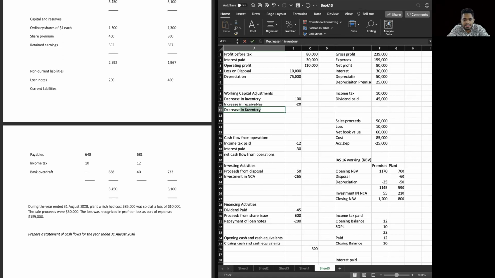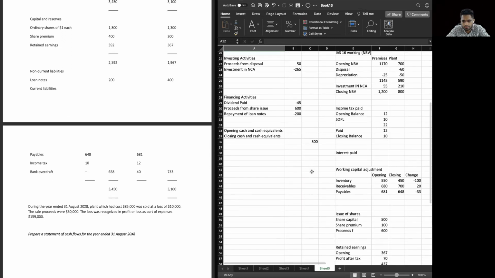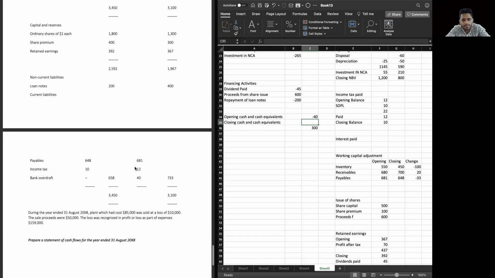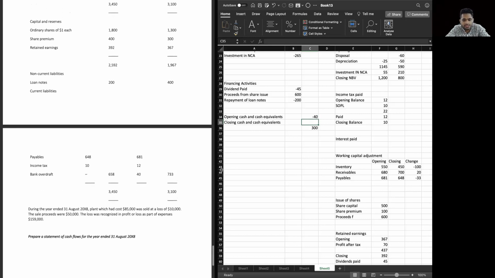So a decrease in trade payables is going to be 33. Income tax was already taken, so your bank overdraft, so you have a negative balance of 40 as your opening cash balance. Right. So all the information is taken.